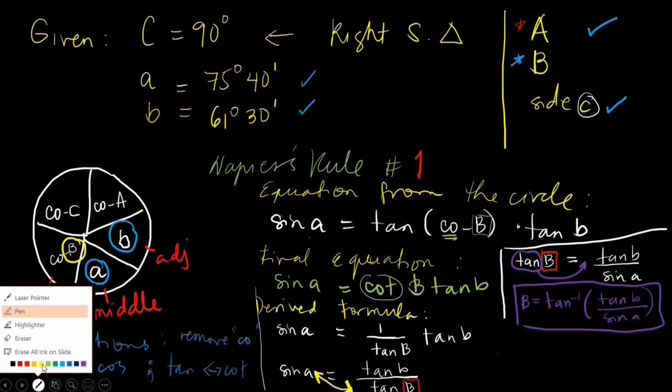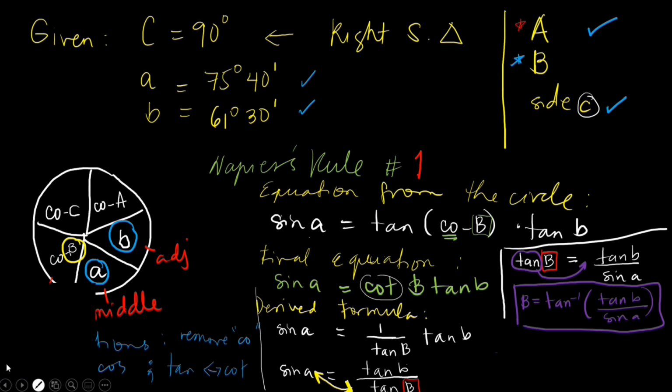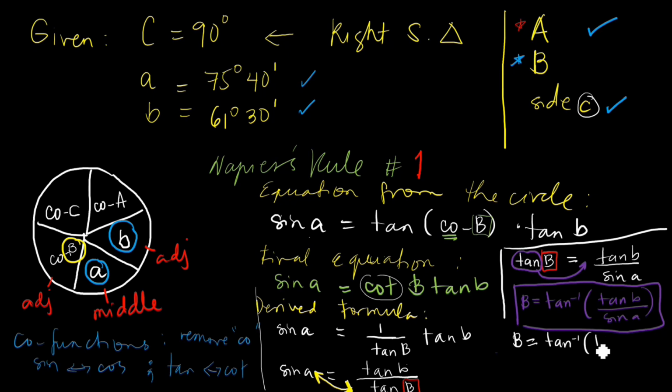Now, since we already have the measurements of sides A and B, we can solve for the measurement of angle B just by substituting. Our side B here is 61 degrees 30 minutes, over sine of side A, which is 75 degrees and 40 minutes.